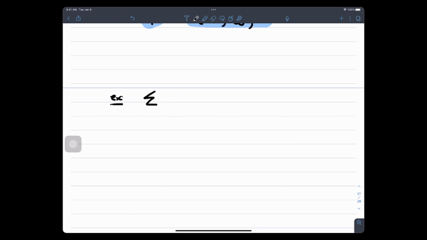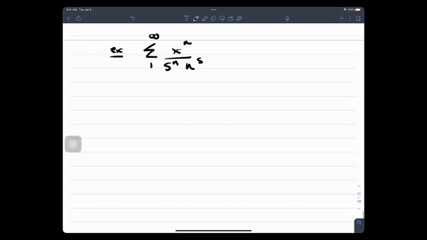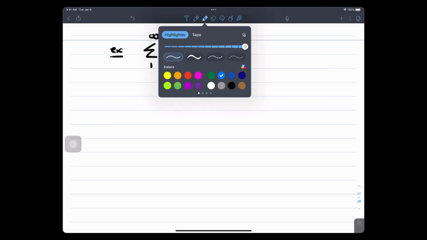Let's see, did we do one that looks, do we do this? How about this? x to the n over 5n, n to the fifth power. So which test you guys think you're going to use, ratio or root test?